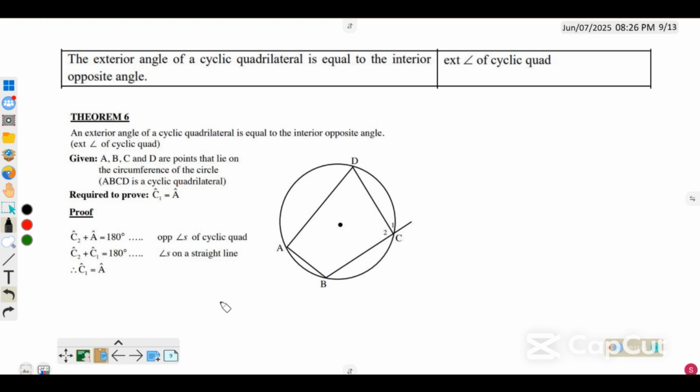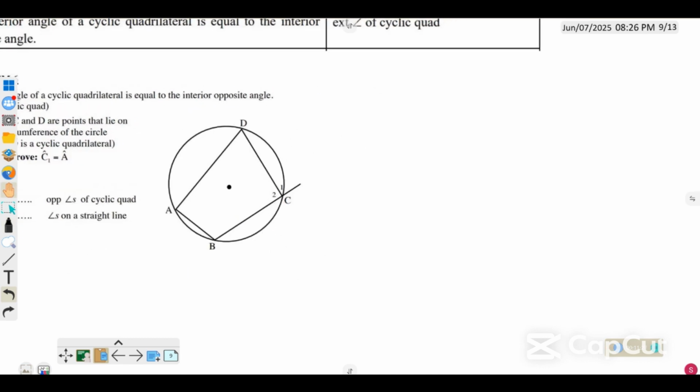Then we look into what the next one says, that the exterior angle of a cyclic quadrilateral is equal to the interior opposite angle. I want you to think of it this way. I always think of it as if it's a Z shape.